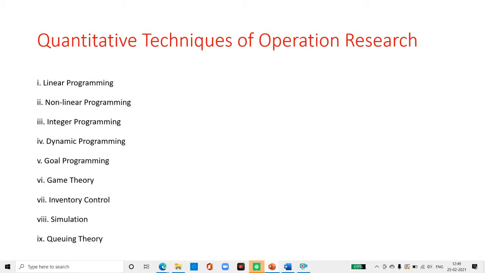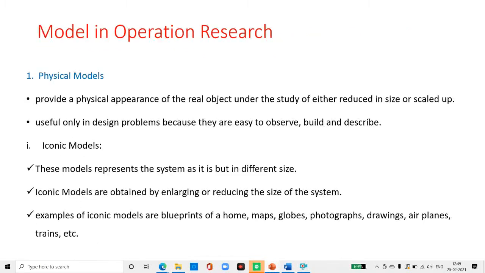Operational research uses quantitative techniques, which are suitable techniques or tools available from the fields of mathematics, statistics, cost analysis, or numerical calculations. By using these quantitative techniques, we can solve mathematical problems, statistical problems, cost analysis problems, and numerical calculations also.